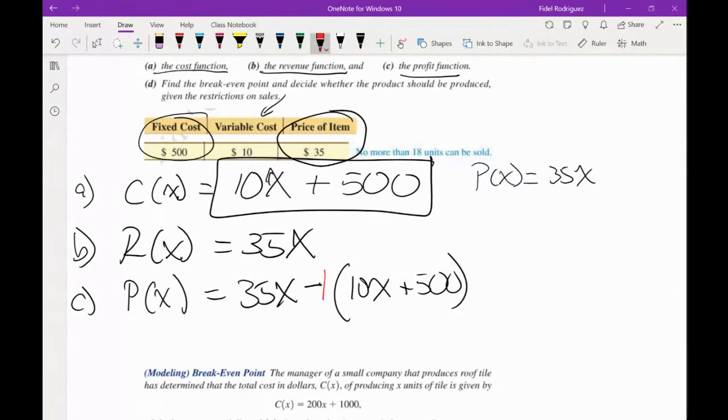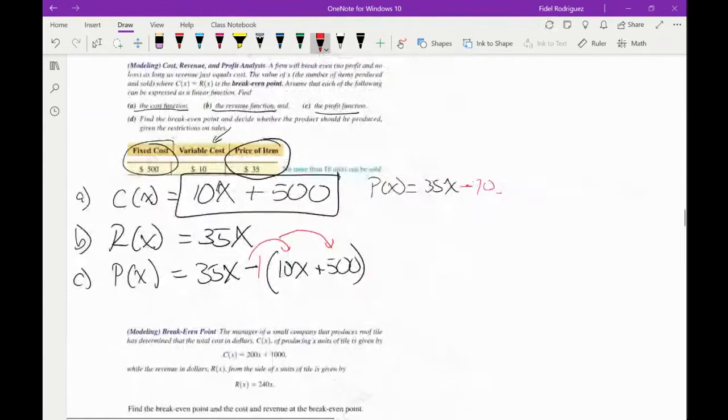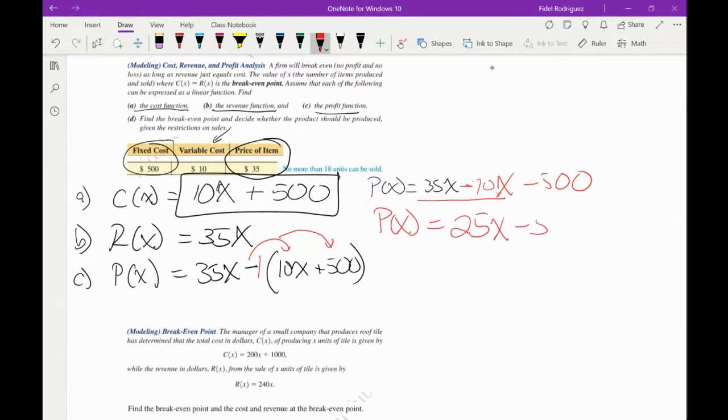The number here is a -1, and all I'm doing is multiplying those pieces there by -1. That becomes a minus 10x, and a minus 500. Okay? And so my profit function is now 35 minus 10, 25x, minus 500.